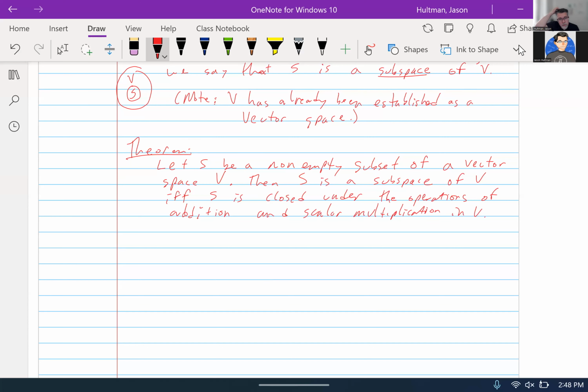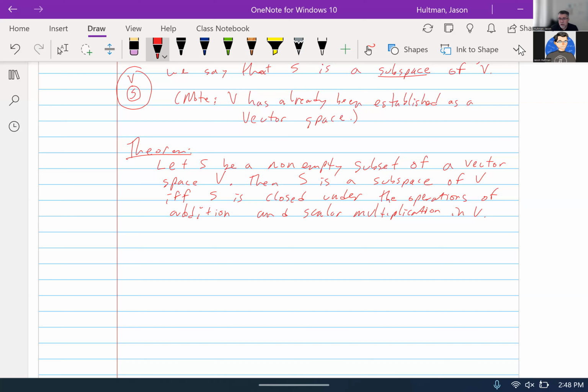In V. So we need to make sure that it's closed, that we don't end up adding two vectors and getting something outside of S. That would be bad. Or we end up multiplying by a scalar and getting something outside of S. We need to make sure that if we start with items in S, then we stay in S. We can't go outside of the subset.